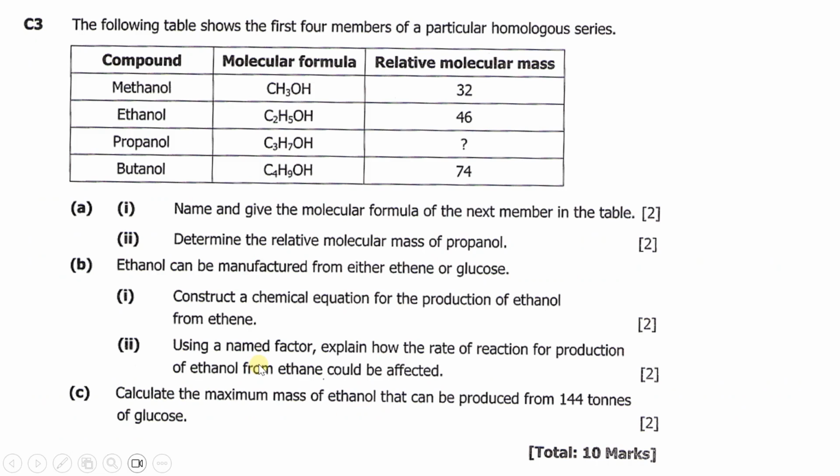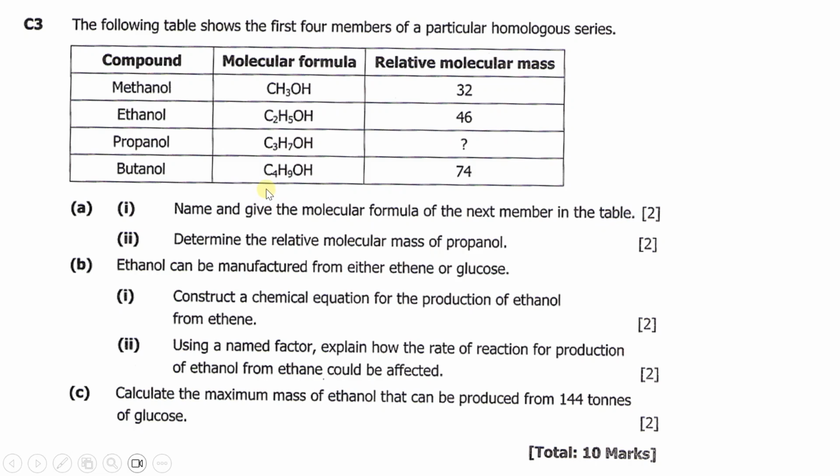Then we move on to the other question, which is C3. It says the following table shows the first 4 members of a particular homologous series. So we have the compounds methanol, ethanol, propanol, butanol, then the molecular formulas and relative molecular masses. Then A, part 1 says name and give the molecular formula of the next member in the table.